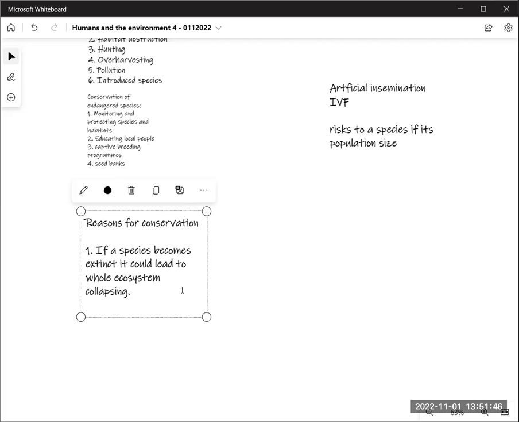Food webs of other animals can get disrupted.